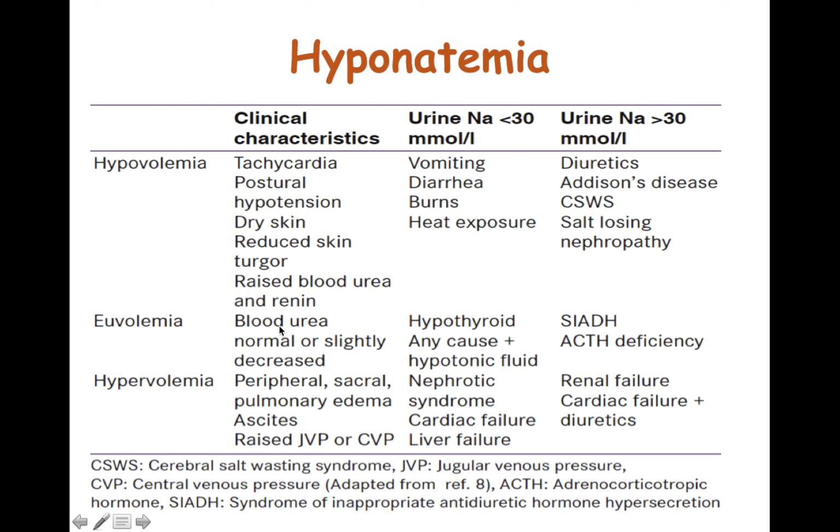On the other hand, euvolemia with hyponatremia is SIADH. So basically, there's an inappropriate ADH secretion because of which there is more water in the body, so there is a dilutional hyponatremia, and the urine sodium is high in SIADH. It can also be hypervolemic. For example, you have edema in nephrotic syndrome, CHF, liver failure, so there is hypervolemia causing hyponatremia.